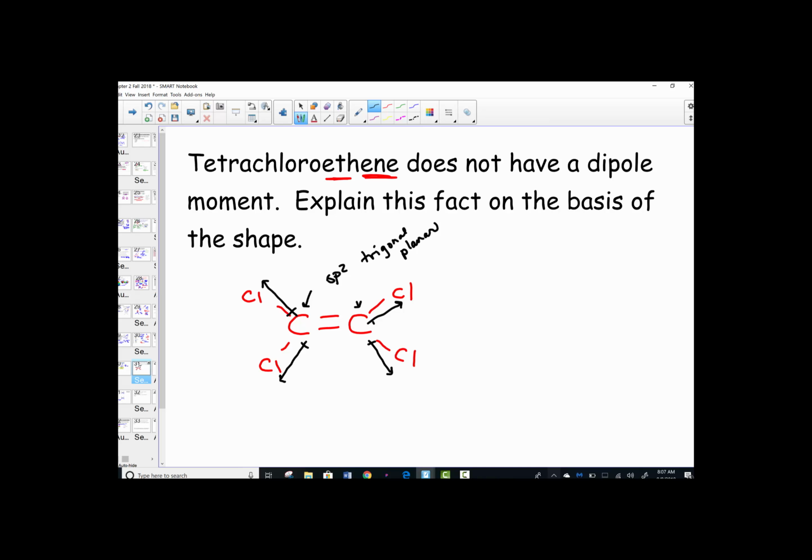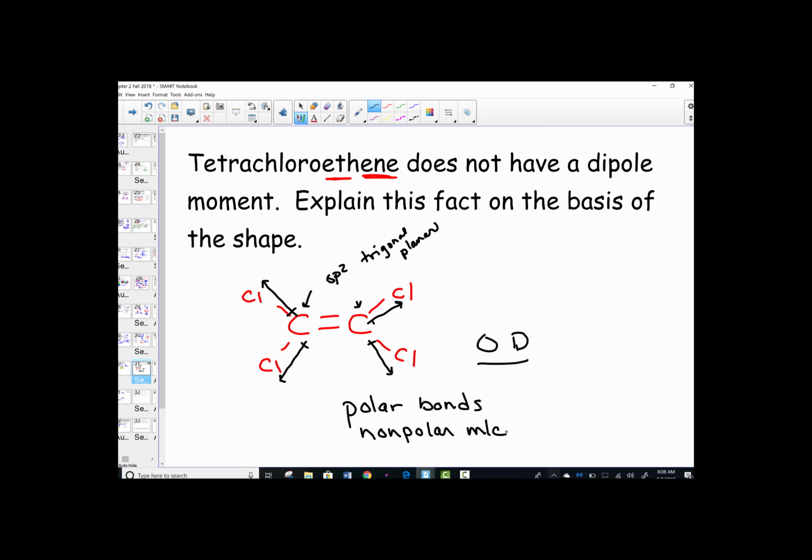But do you see, based on the shape, that the electron pull away from those carbons is equal in all 4 directions? Therefore, the dipole moment would be 0 debyes. It is a nonpolar molecule due to the equal distribution. We have very polar bonds, but because they're distributing the charge evenly throughout the structure, it's a nonpolar molecule.